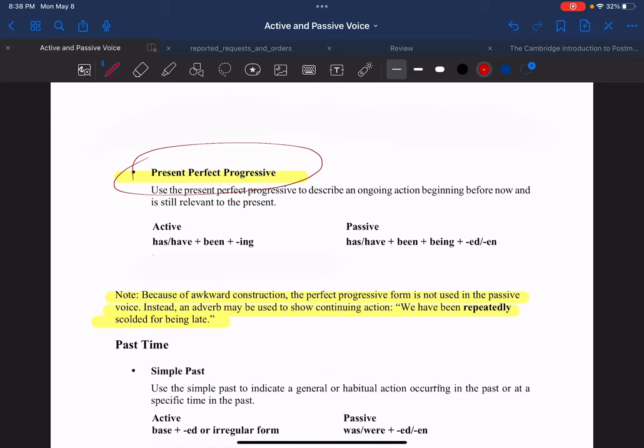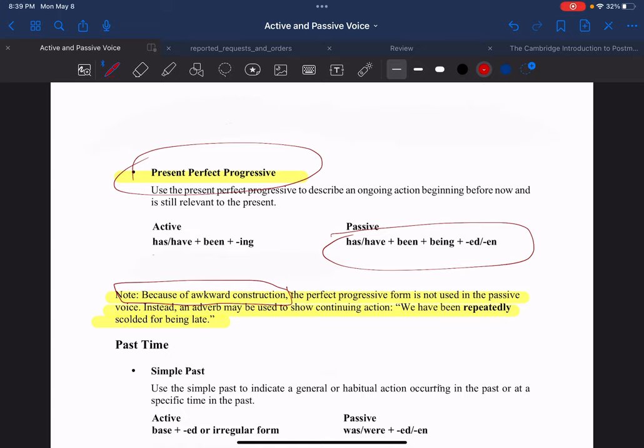Now, since we are done with present simple, we go to present progressive, present perfect progressive. Keep in mind this is not popular. It's not impossible, but we haven't focused on this in class, because of awkward constructions, meaning that the sentence becomes too long, and many people will deem and label it as weird.